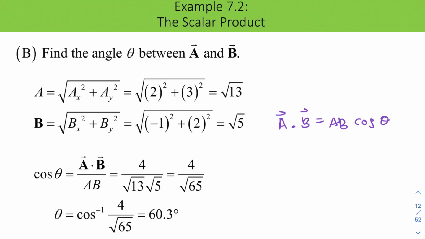So if we want to have the theta, cos theta is equivalent to A dot B over AB.